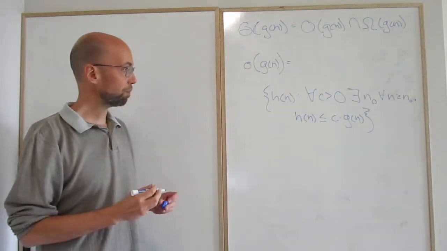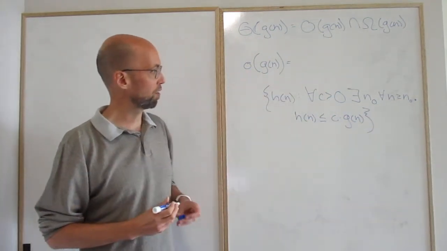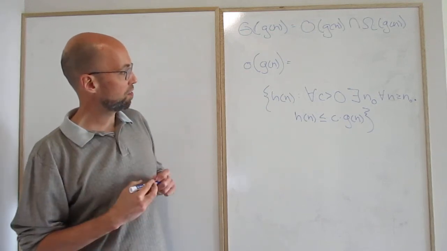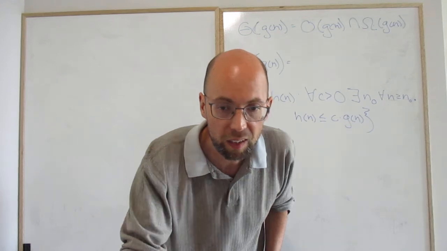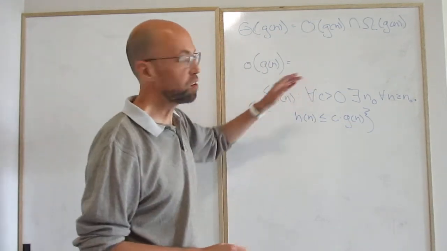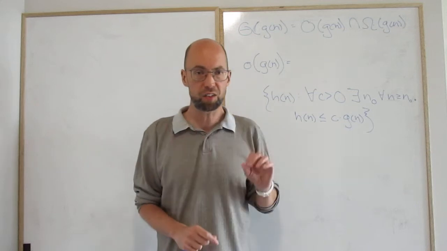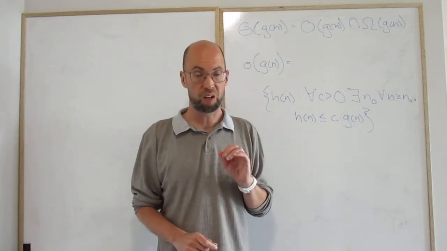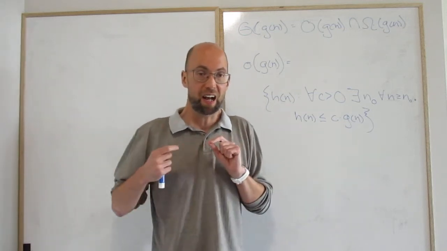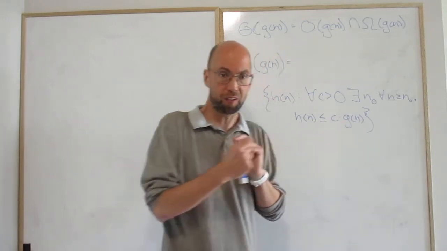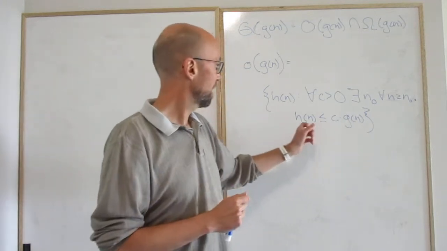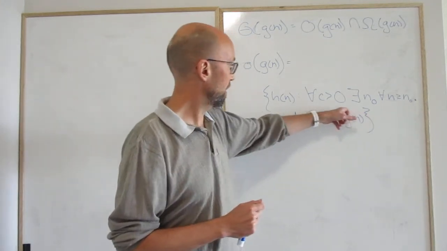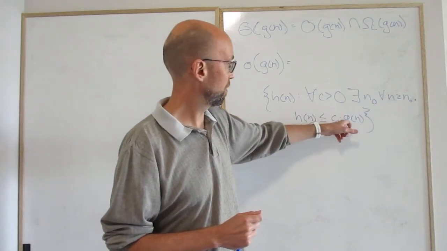Right? So this is sort of like an epsilon delta ball thing. And it's saying that you choose any c you like that's greater than 0, then there is an n0 sufficiently large such that for any value larger than that, h of n is less than that fraction times g of n.